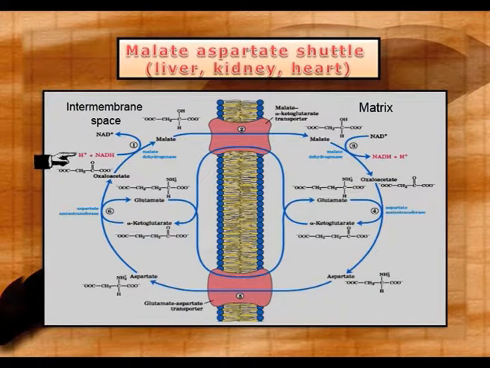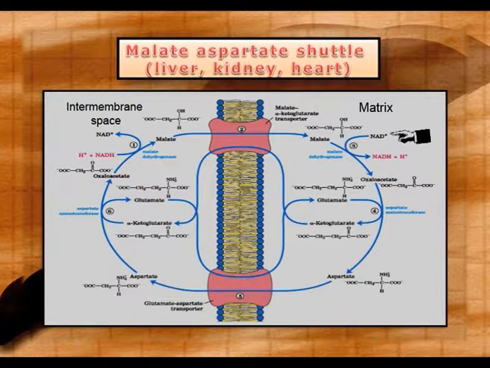What happens here? The reducing equivalent of cytosolic NADH is donated to cytosolic oxaloacetate, which is converted to malate by the cytosolic malate dehydrogenase enzyme. Now, on the inner mitochondrial membrane, there is a transporter called the malate alpha-ketoglutarate transporter. This transporter allows the movement of malate from cytosol to the matrix.